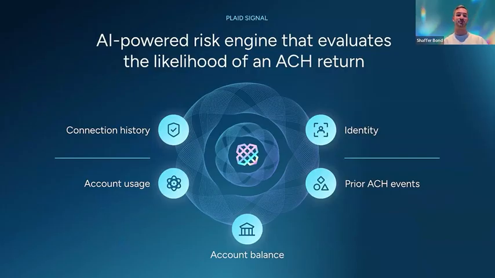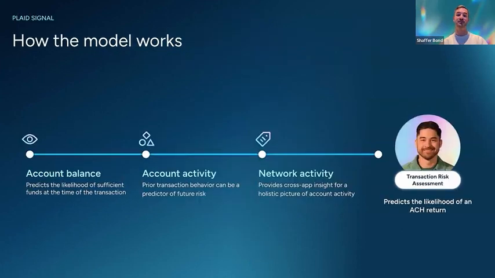Its ML models have been trained on over $230 billion in assessed transactions and give you a high-confidence indication of what to do. Specifically, the model draws on signals across 3 dimensions: account balances, account activity, and network activity. And there's more to it, but here's where we'll start with some examples.